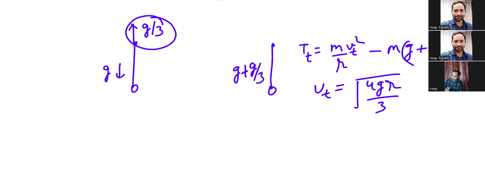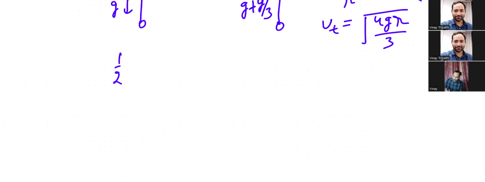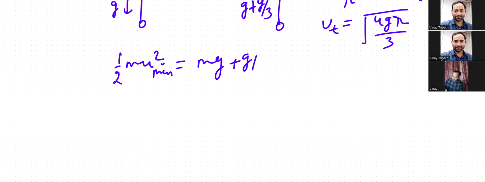Okay. Now again you'll have half mu square is equal to, this is minimum, m into g plus g by 3 into 2r plus half m v top square, m into 4 gr by 3.